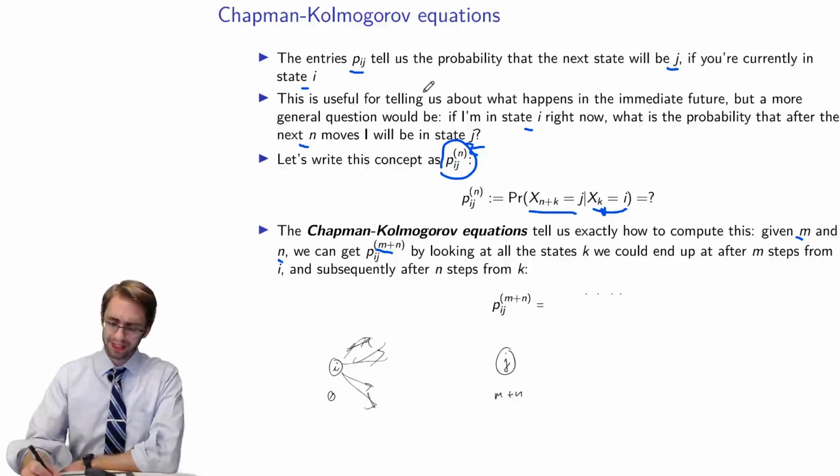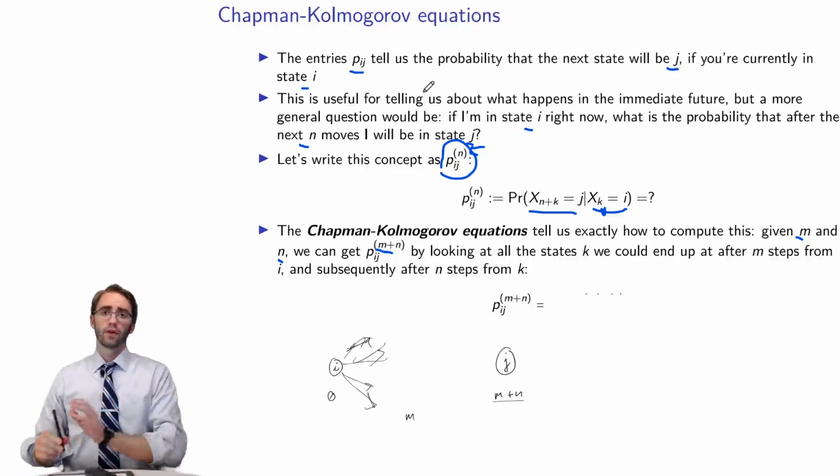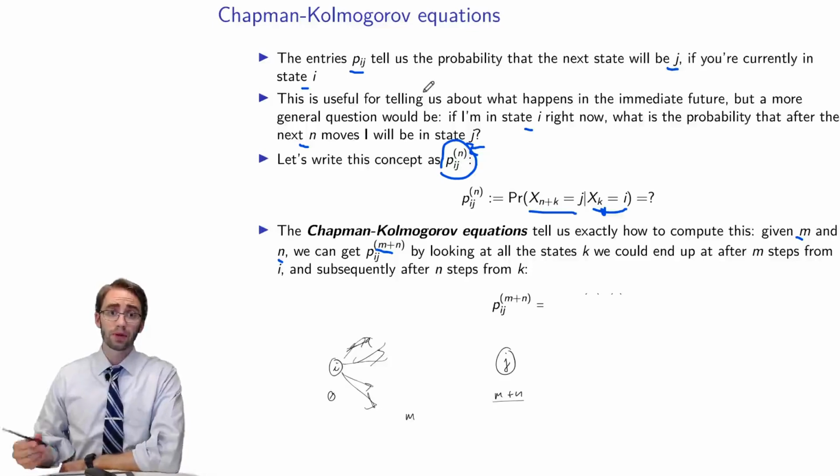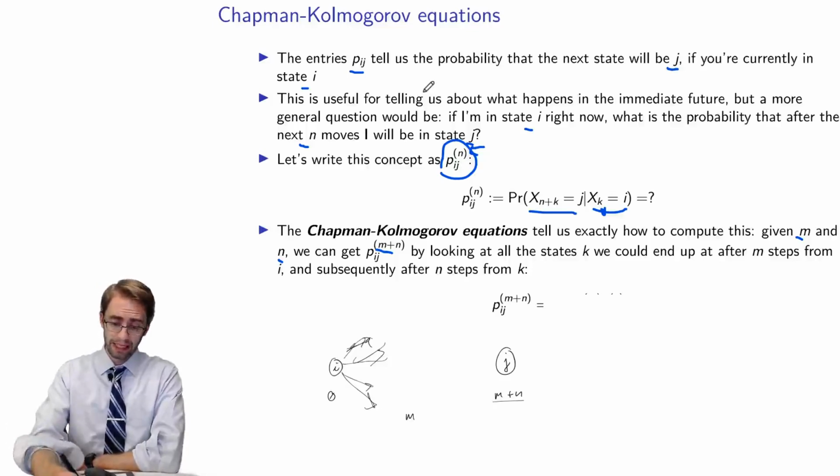But there's a reason that I decided to break things up and look at the state that I'm in at time m, which is that we could say, well, let's imagine what are the possibilities for time m. Where will you be at time m? Well, you could be in any of the states probably, right? State 0, state 1, state 2, and so on up to state k.